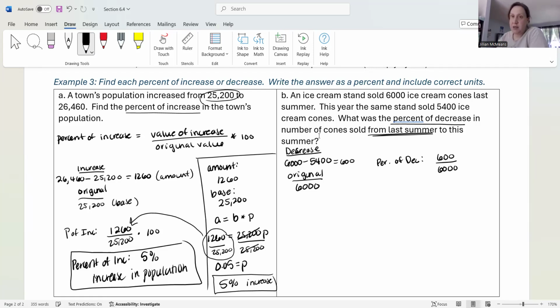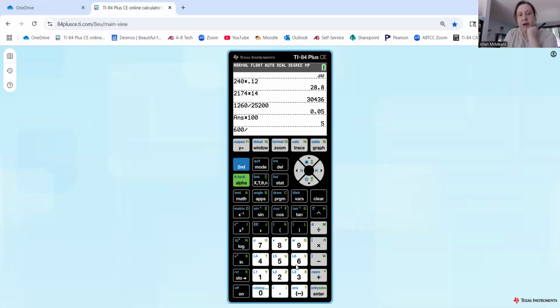And then we would get a decimal that we have to convert to a percent. So you would have to multiply by 100 or move your decimal to the right twice. A lot of times you'll see these formulas that just go ahead and have the multiply by 100. So let's see what we get. If we go to the calculator, we need to take 600, divide it by 6,000, and then multiply by 100.